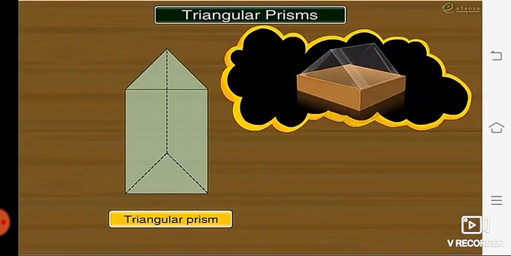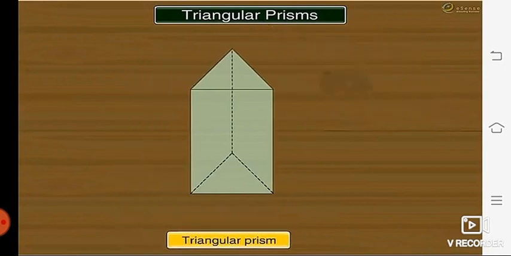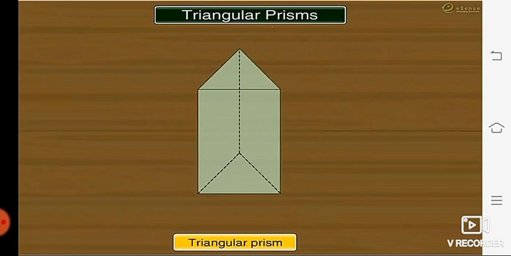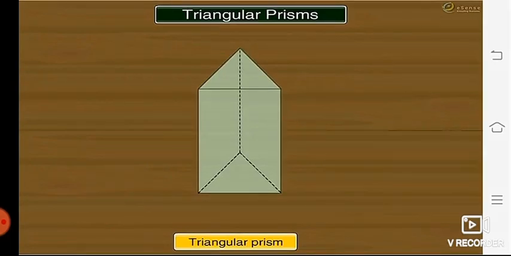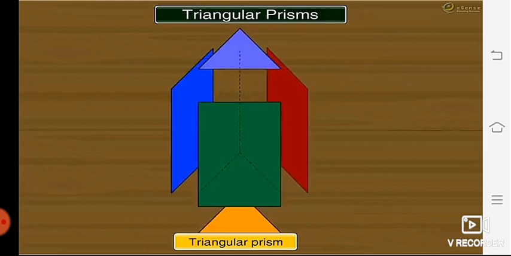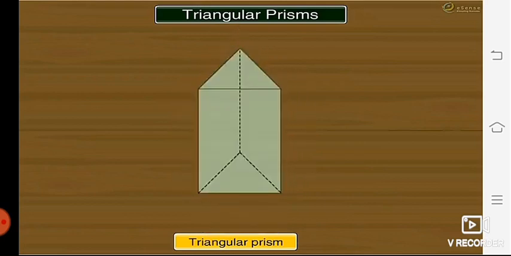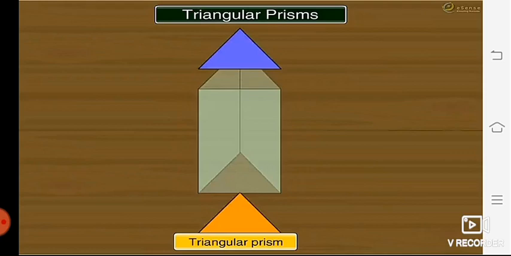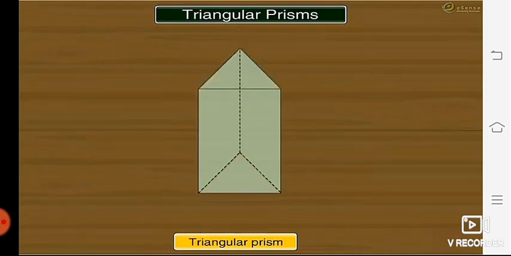Okay. So now answer my question. How many edges, vertices and faces does a triangular prism have? A triangular prism has in total 5 faces. From that, 3 faces are vertical and 2 faces are up and down. How many vertices does it have?